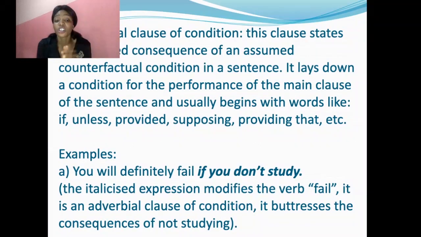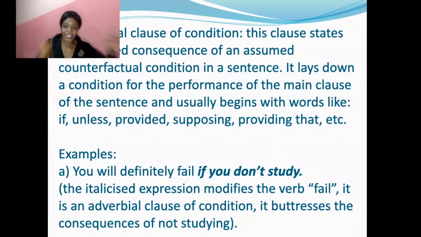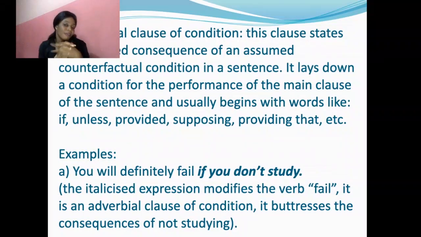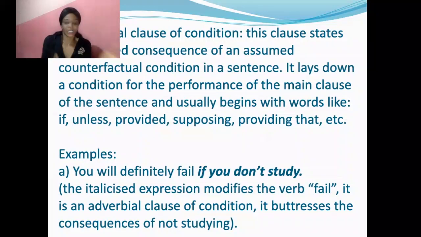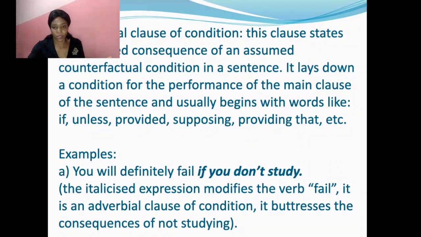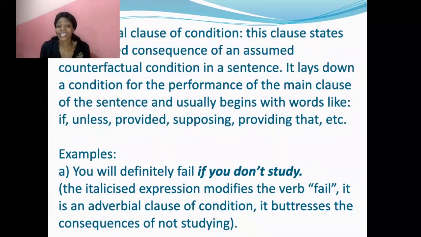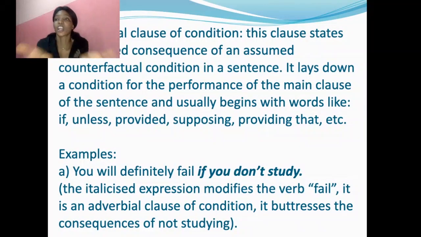It lays down a condition for something to be done. If you don't do this, this will not happen. Unless you do this, this will not happen. That is what the adverbial clause of condition does. Supposing you do this, this will be the result. It gives you a condition for something, and to a large extent, it brings out expected consequences of an action.